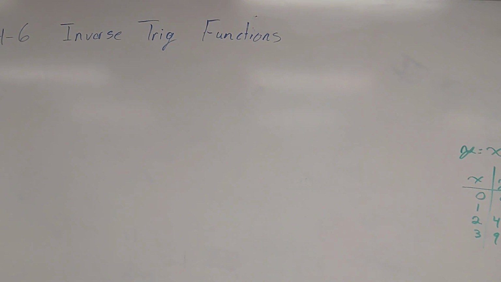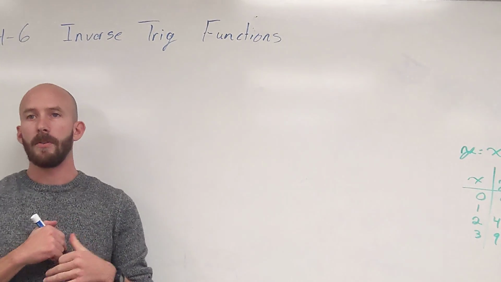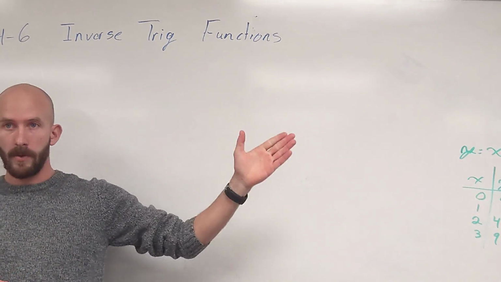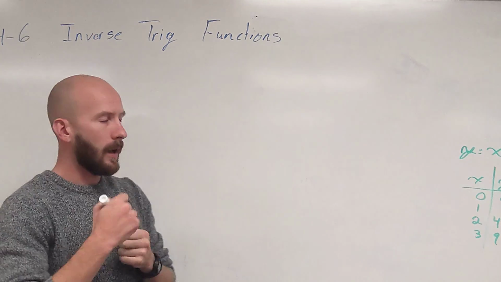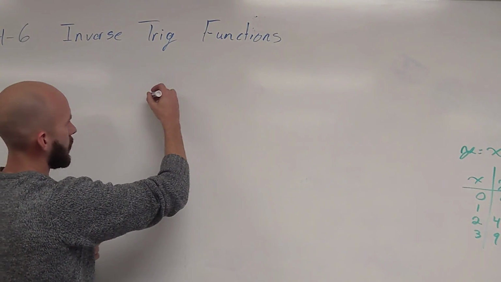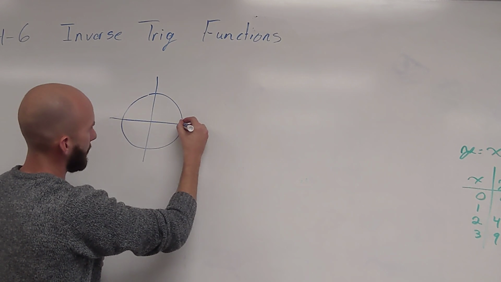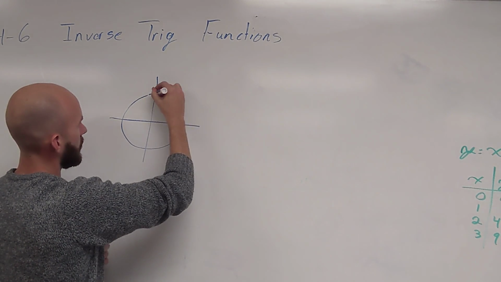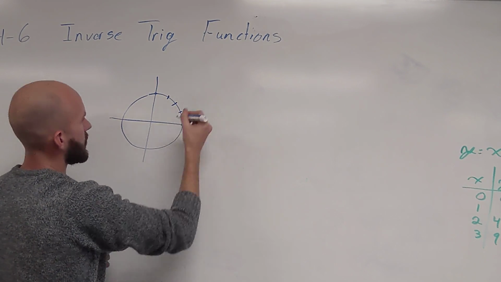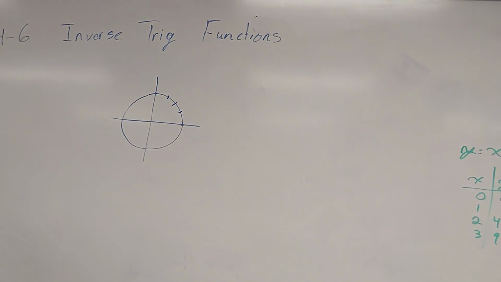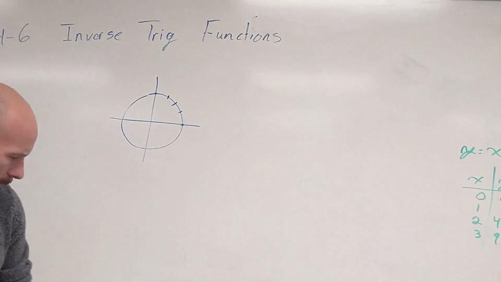All right, so the next thing that we need to talk about is kind of going back to the unit circle, and you guys remember the different values at all the special angles that we looked at? I'm going to kind of sketch a quick unit circle. And I'm mainly just going to focus on these values in quadrant 1, because remember, everything else is kind of derived from that, just different signs.